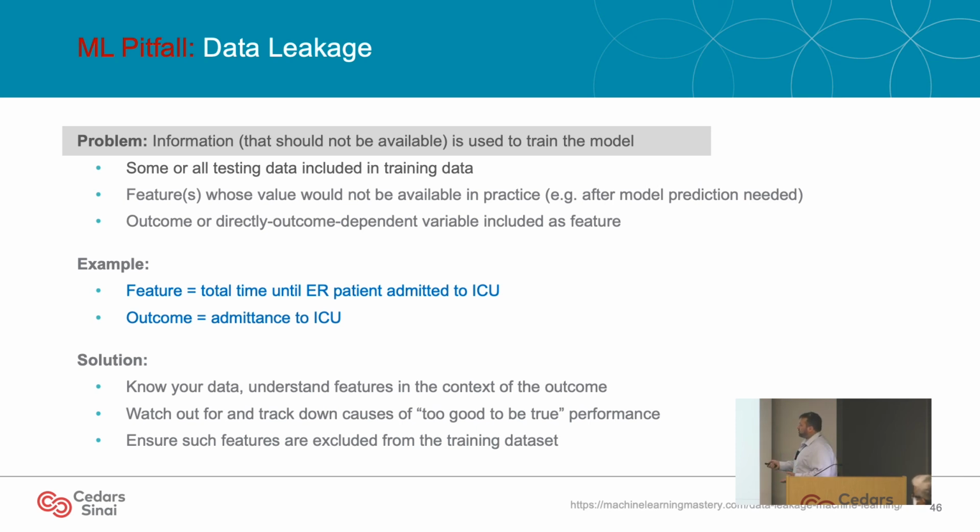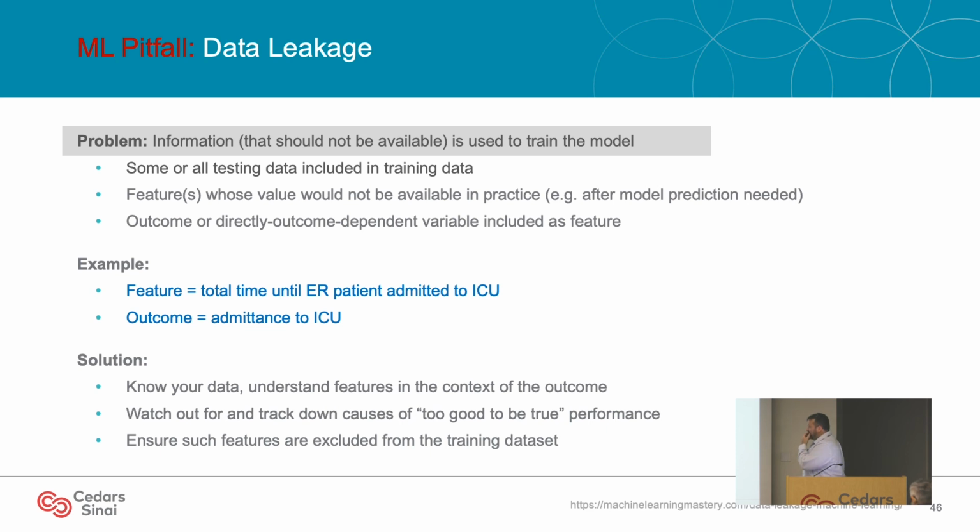Or maybe you have features in your data set that would not be available in practice. You would, in general, only have these feature values after you put the model into practice. Or maybe you accidentally have the outcome itself or a completely outcome-dependent variable in your data set that effectively is cheating. Like it shouldn't be there, it's not information you would have.